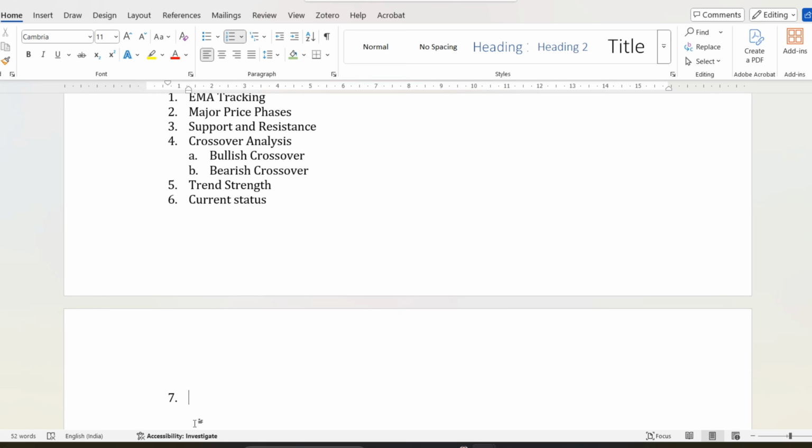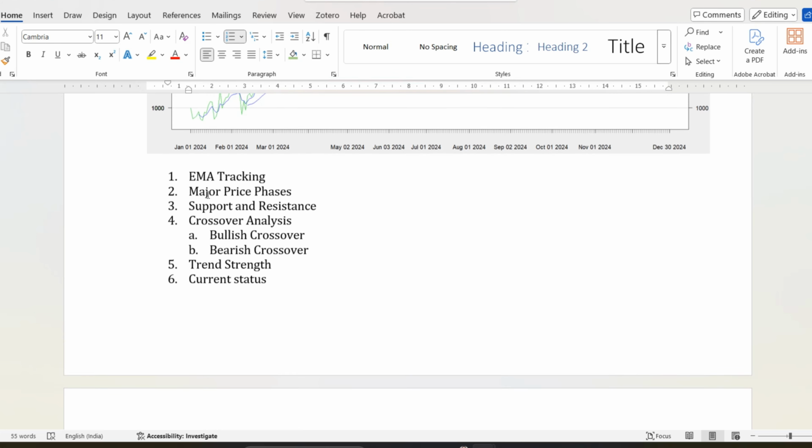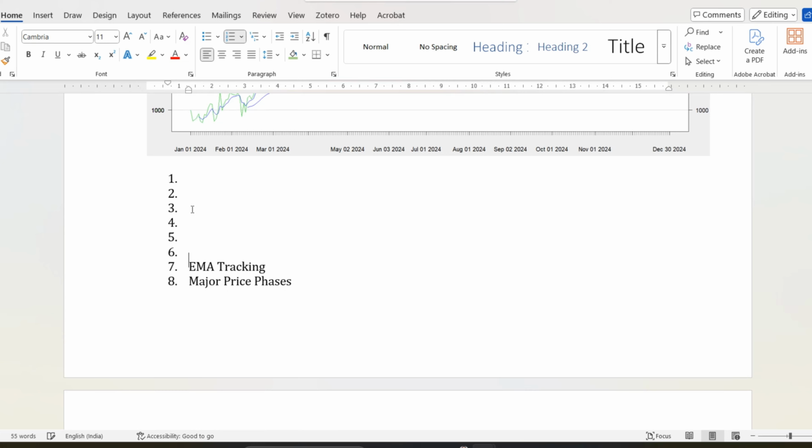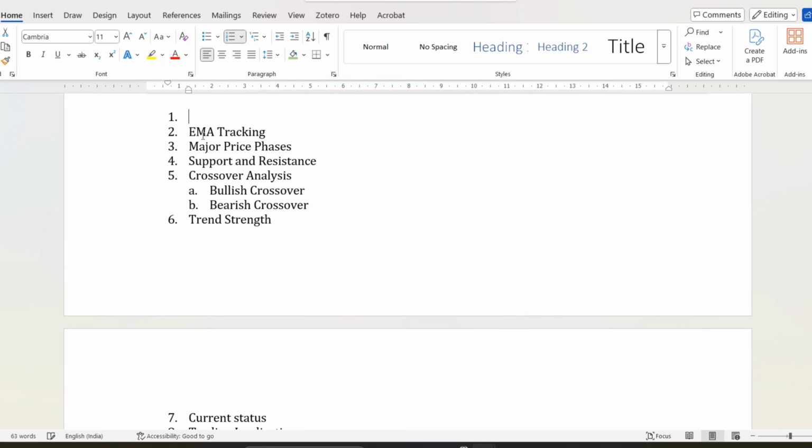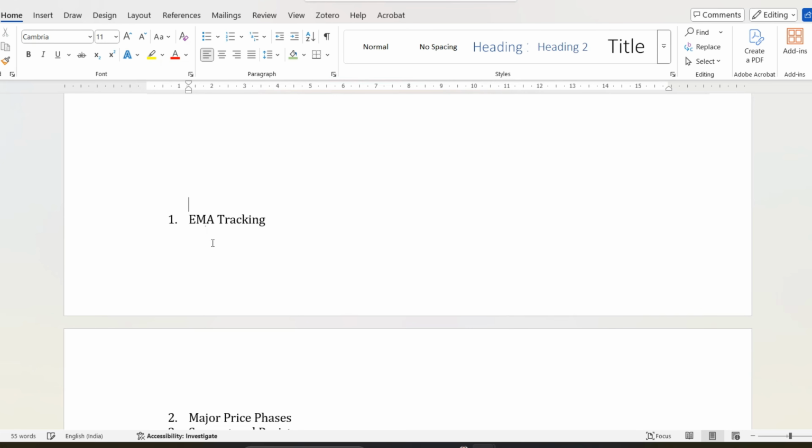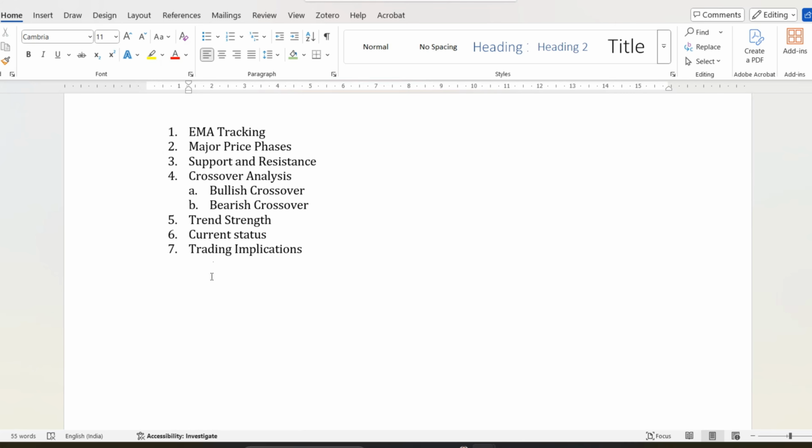Next one, trading implication. So in seven different ways, we are going to analyze the chart and put it in the next page. So one by one, we'll track it.